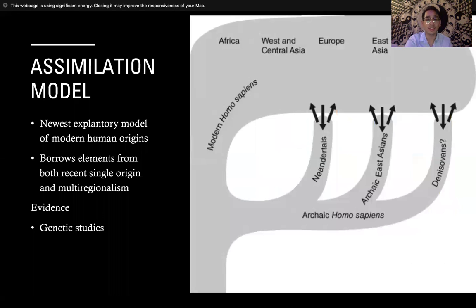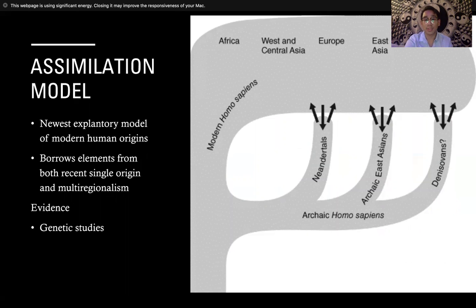Now on to the simulation model, which is the most recent theoretical explanation. It also uses evidence from the archaeological fossil record and genetic studies. There is some level of continuity in skeletal details among different hominid populations, which is also shown in some of the genetic aspects.